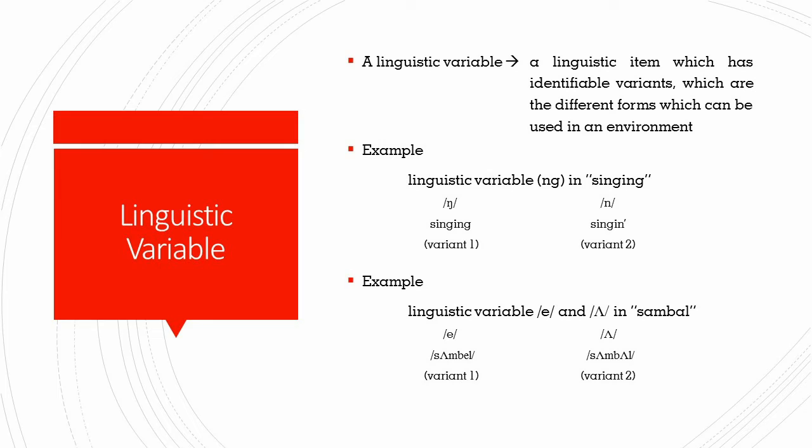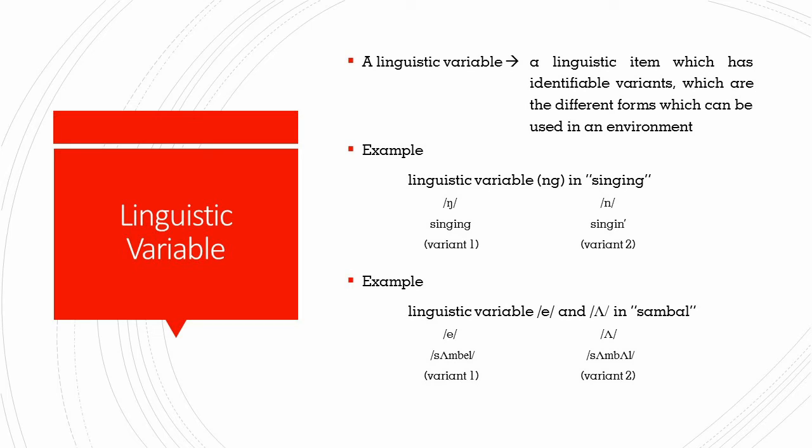Let's say that we want to find out the relationship between social status and the way people pronounce words like fishing or singing. Some people will pronounce the word singing fully, and fishing will become fishing with the sound omitted.